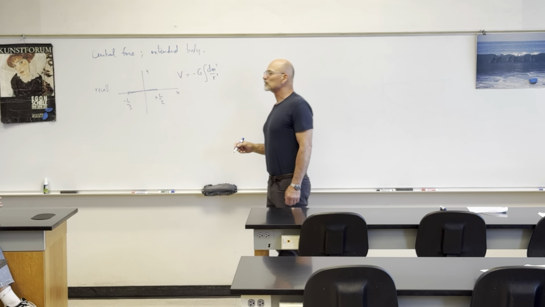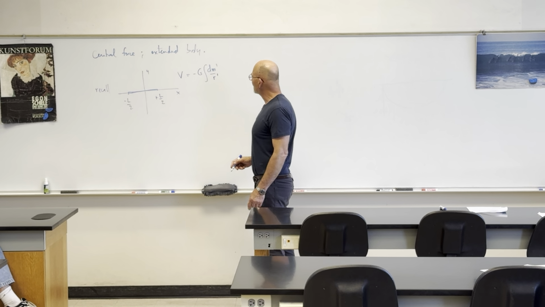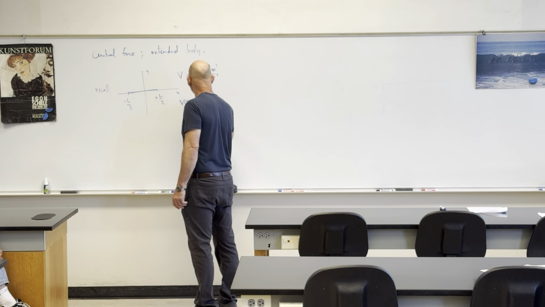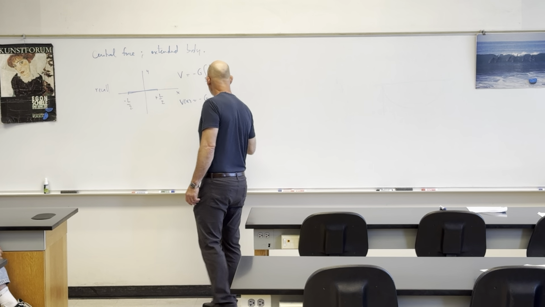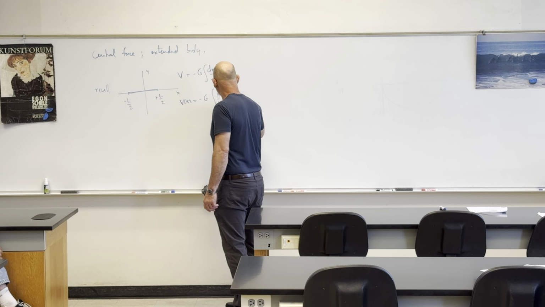This is our shorthand, this is the one to remember, and then you build what you're going to do. So in this case, we had V of x equal to minus G integral, where dm prime was M over L dx prime.